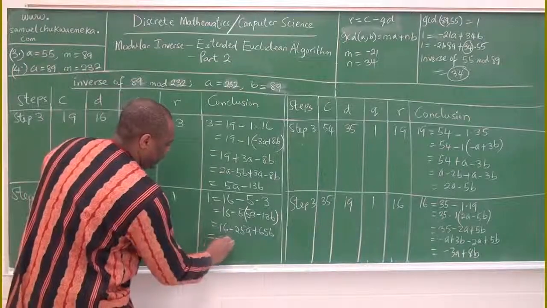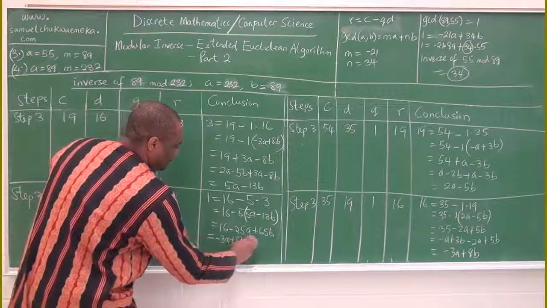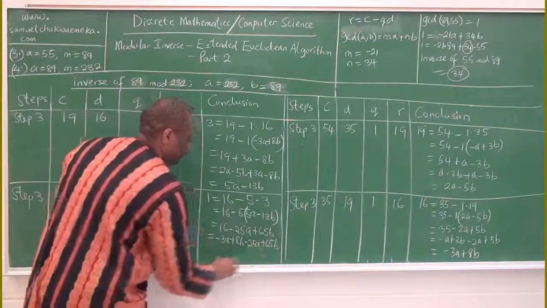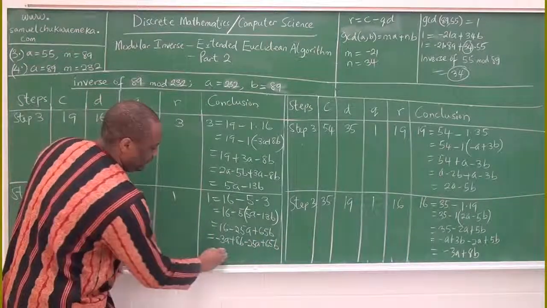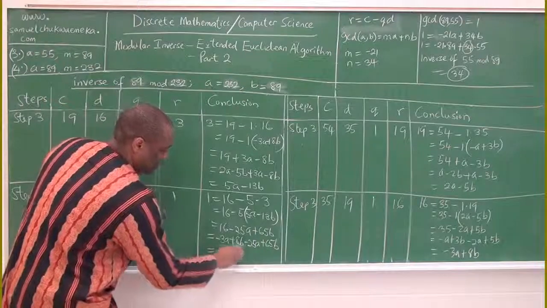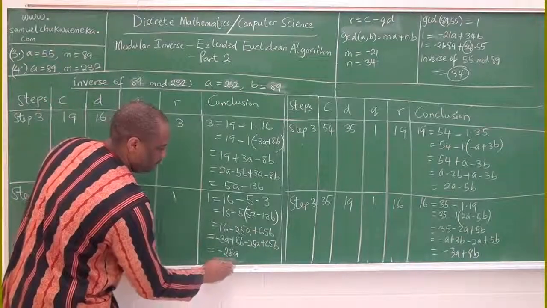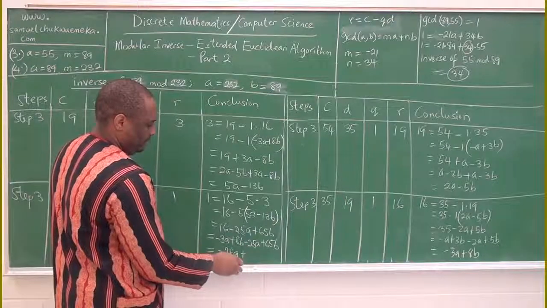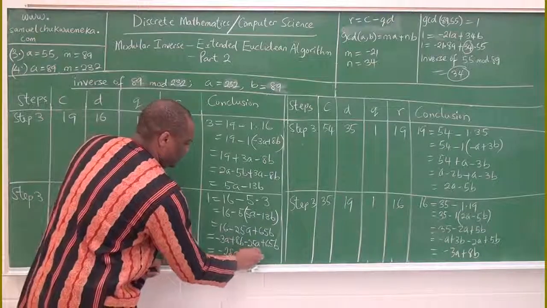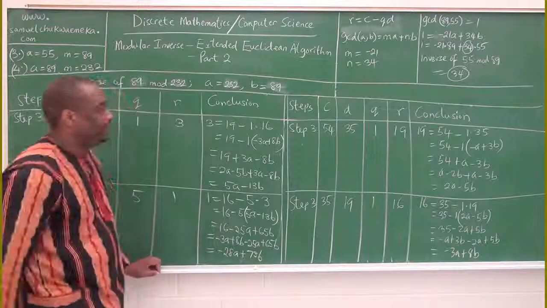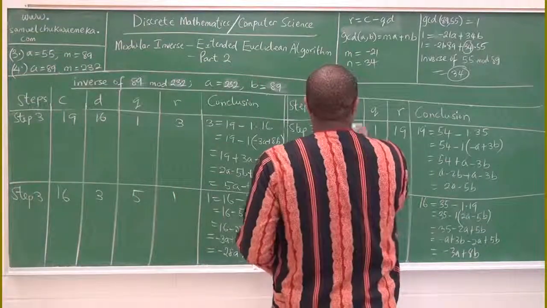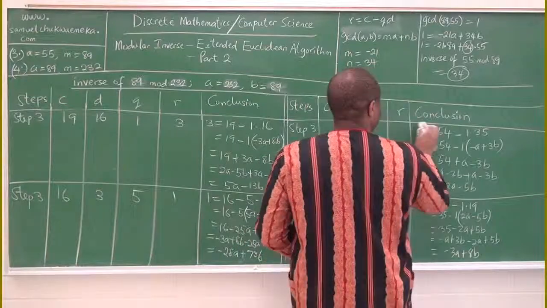Negative 3a plus 8b minus 25a plus 65b. So this will be negative 28a, right? Plus 65 plus 8 is what? 73. 73b. Okay, and we have one more. One more for step 3, and then we have step 4.